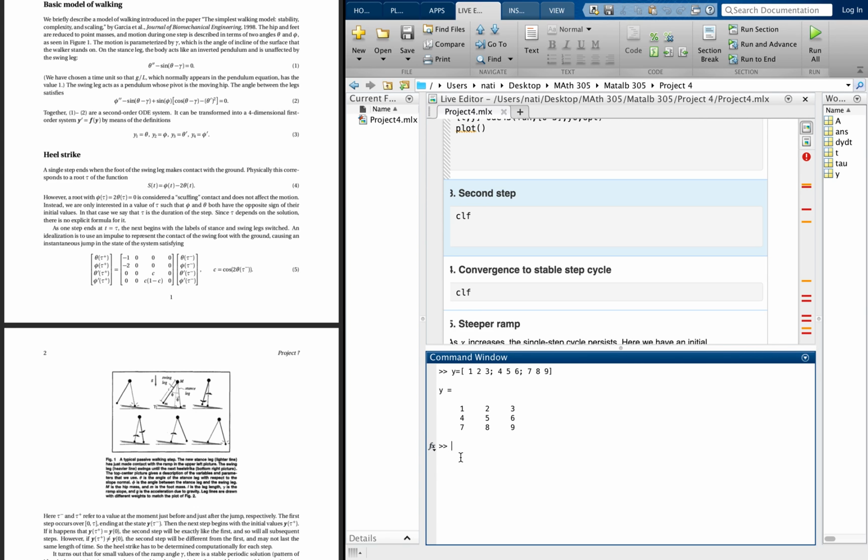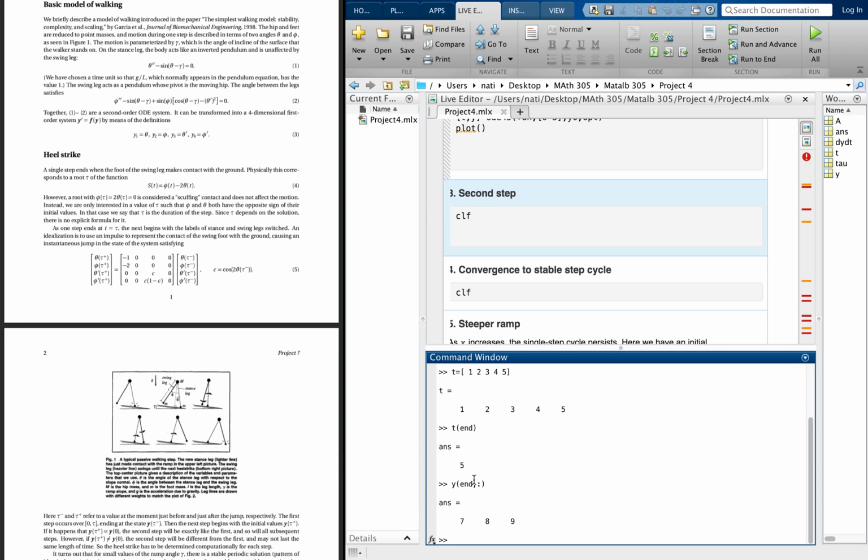Before, when we had a vector for t, for example 1, 2, 3, 4, 5, if we wanted the last time, we just said t end, and that gave us 5, correct? Now what we want is the whole set of the last values. To do that, we're going to use y, and tell it to give me the end of all of the columns.